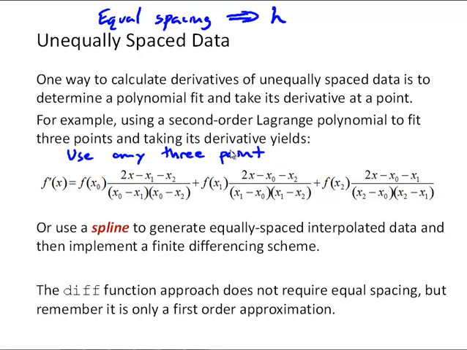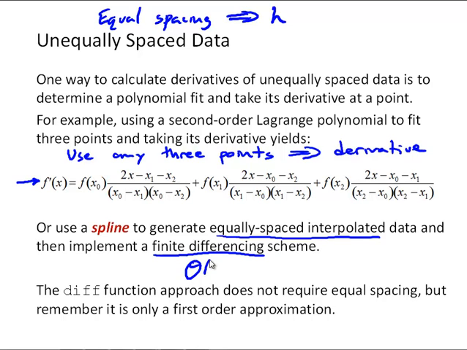and this would be a derivative that we've developed using a second order Lagrange polynomial fit through those 3 points and then taking that derivative. So this result here is what you get after taking that derivative. Another approach is to use a spline, and we can use a spline to generate equally spaced interpolated data from our unequally spaced data that we're trying to differentiate, and then we can use any finite differencing scheme on that equally spaced interpolated data.